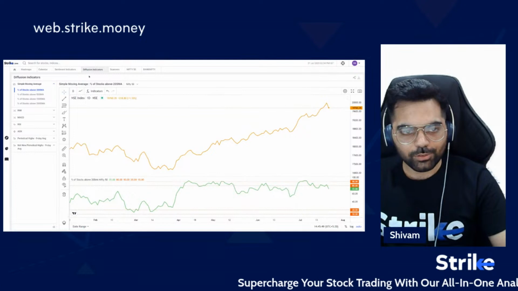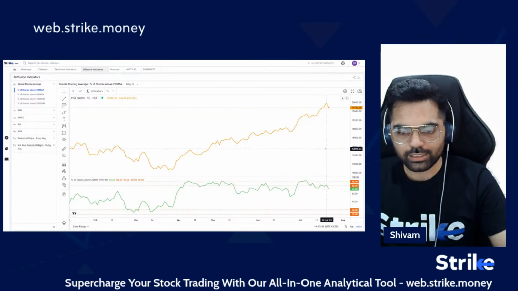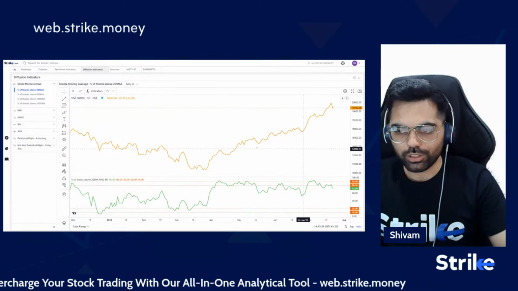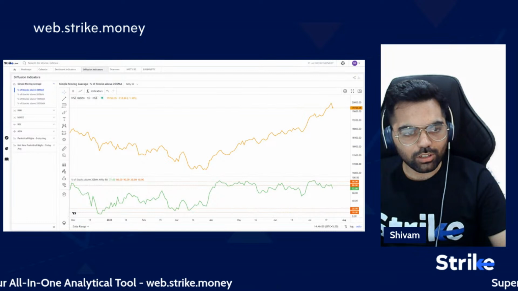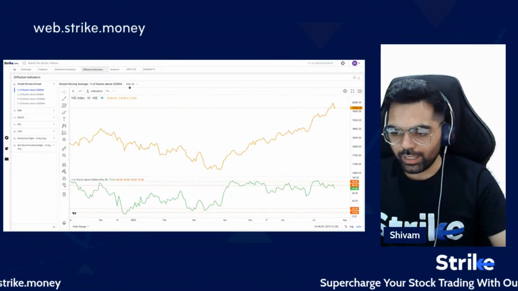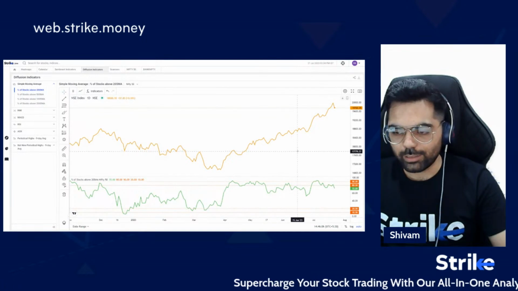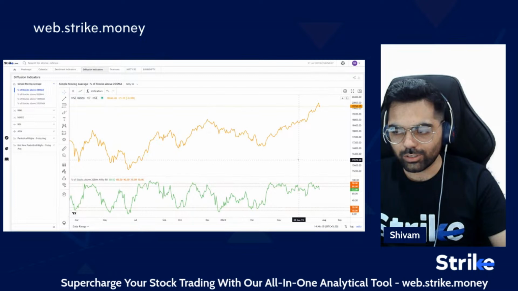So diffusion indicators help us know when we run a certain indicator on a basket of stocks, what the output is. So for example, right now I am on percentage of stocks above 20 SMA, and I'm running it on Nifty 50. So it's telling me how many of the Nifty stocks are actually above their 20-day moving average.